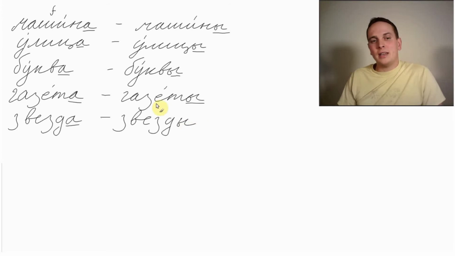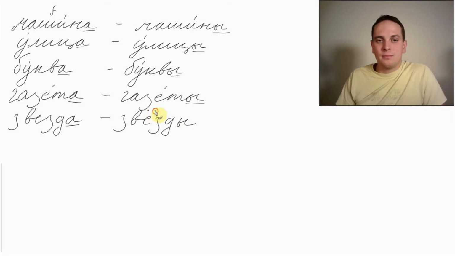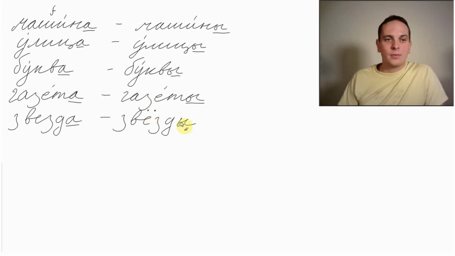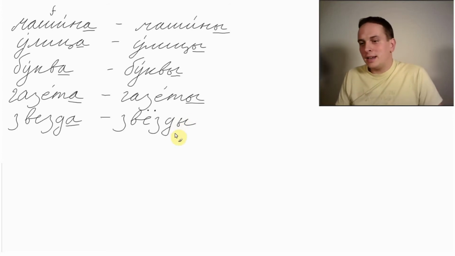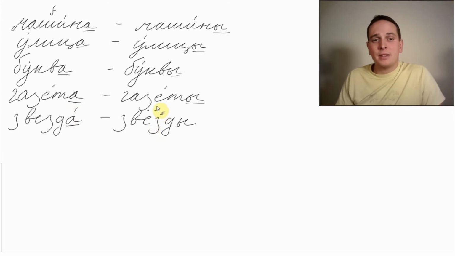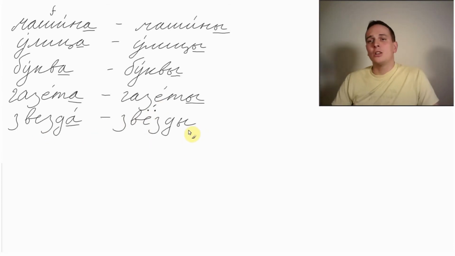However, it's not звезды, it is звёзды. And звезда, emphasis falls on a, but if we got yo, the emphasis always falls on yo. So, звезда, звёзды. Don't worry about this.